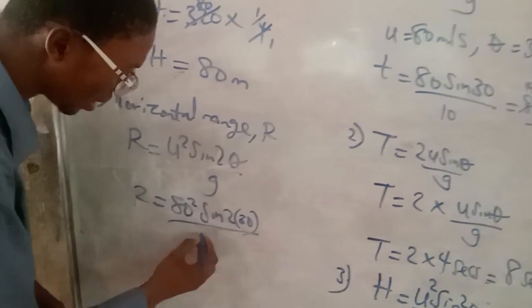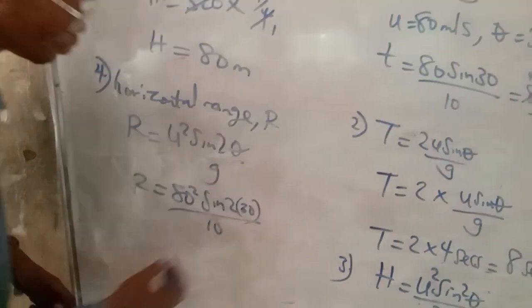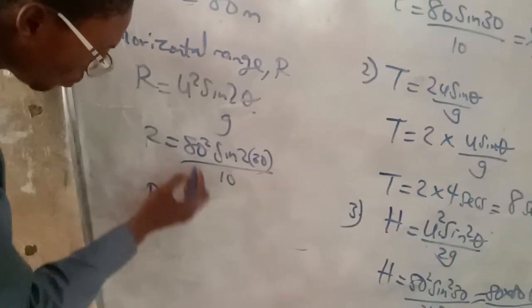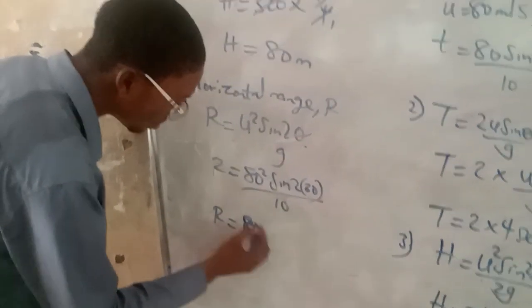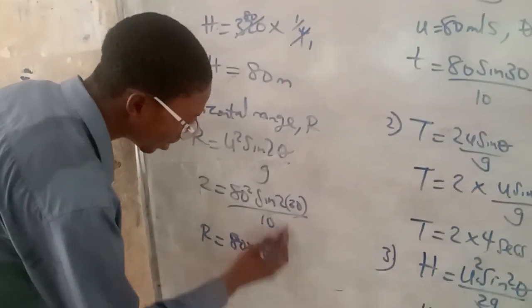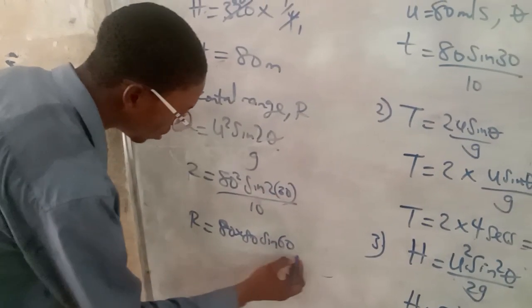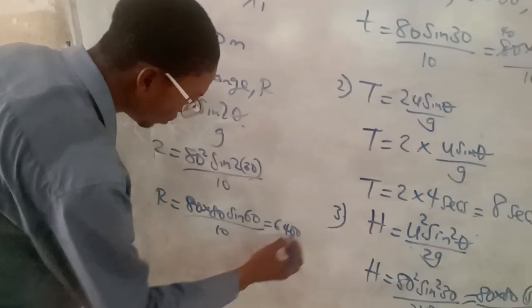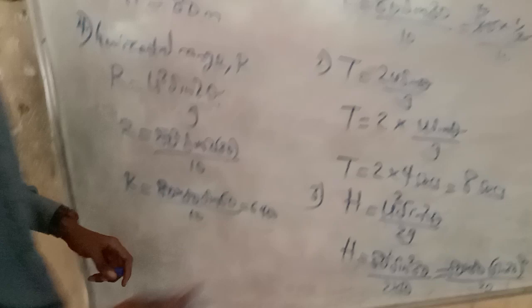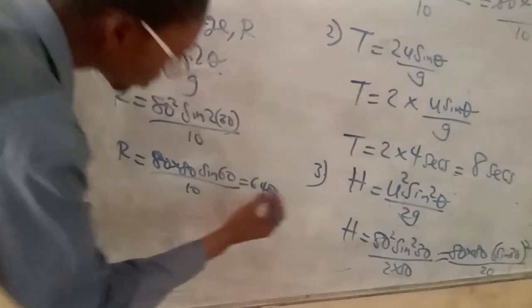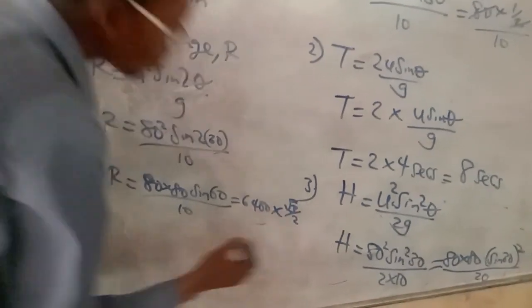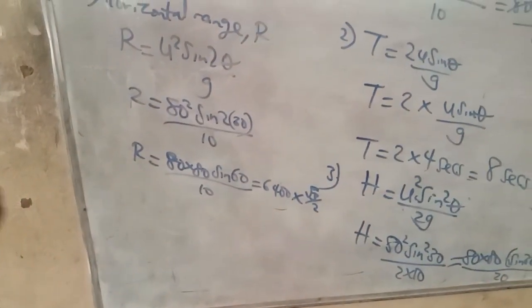Are you getting me? 2 times your angle. That is 30, over our g, which is 10. Now our R equals 80 times 80 sine 2 times 30, that is 60, over 10. Now we have 6,400. Now sine 60 is what? Look at it. Sine 60 is root 3 over 2.